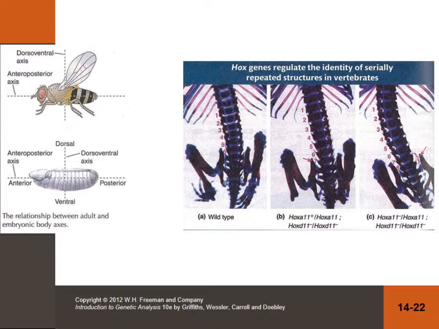So antero-posterior axis is referring to the head to tail axis. They also found that Hox genes specify the identity of serially repeated units, such as the transformation of lumbar vertebrae to sacral vertebrae in the mouse.